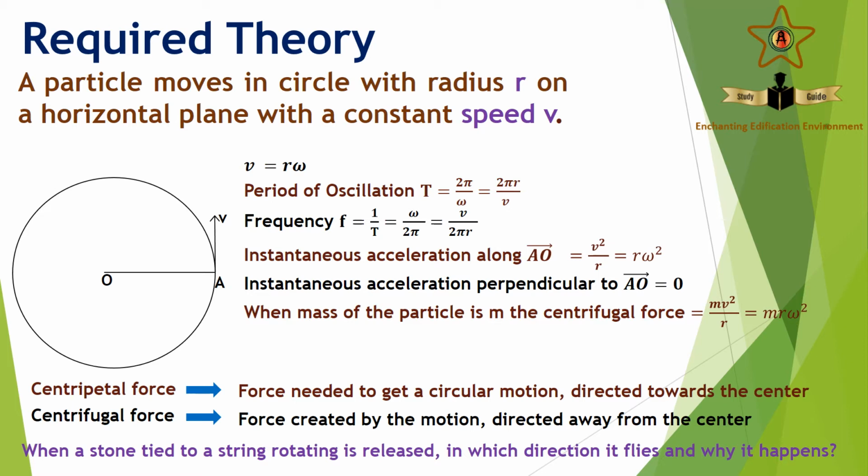When we rotate a particle tied to a string, there will be a tension in the string, towards the center of the circle, which makes this particle move along a circle. But once we release the string, this tension goes off. So now which force acts? That is the centrifugal force. Therefore, this particle should fly away from the circle, or away from the center.